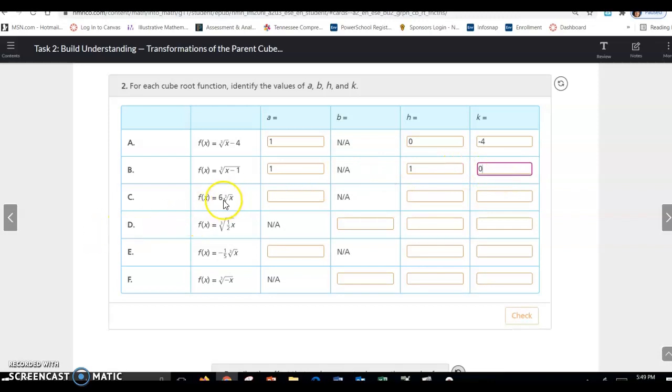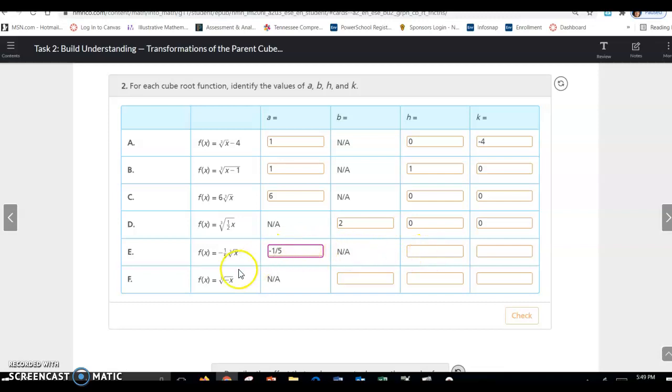And then for this one, a is 6. There is a number there this time, so a is 6. And there's no h and no k. For d part, there's no a, but there is a b. b is 1 over b, so this is going to be 2. And there's no h or k, so those are going to be 0. And then for this one, a is negative 1/5.